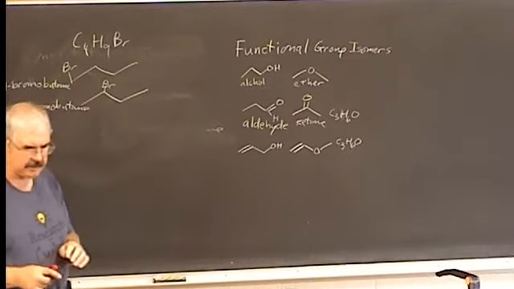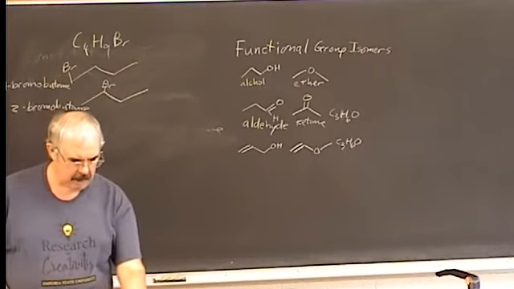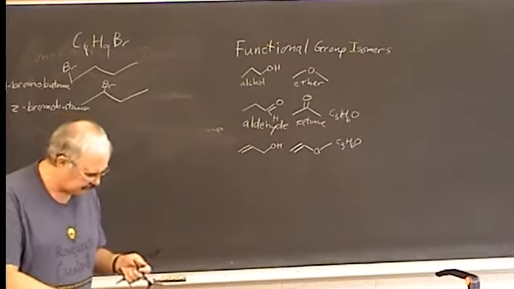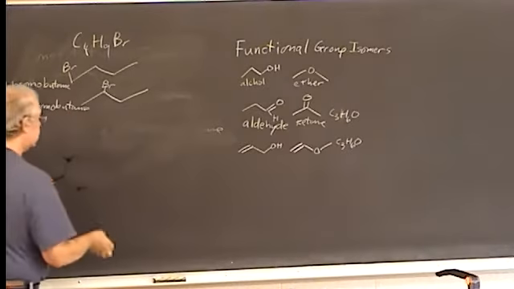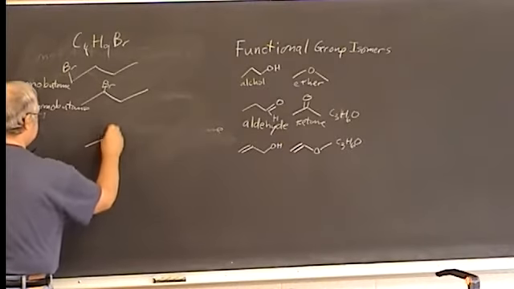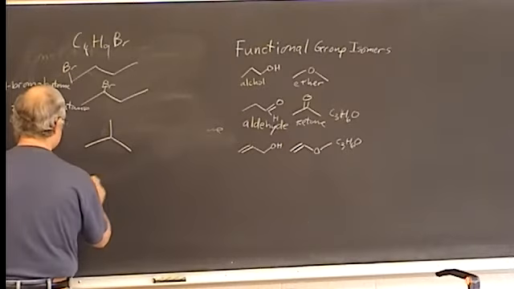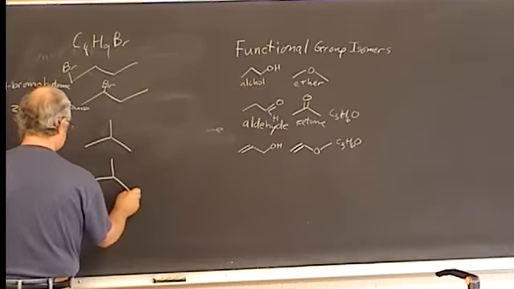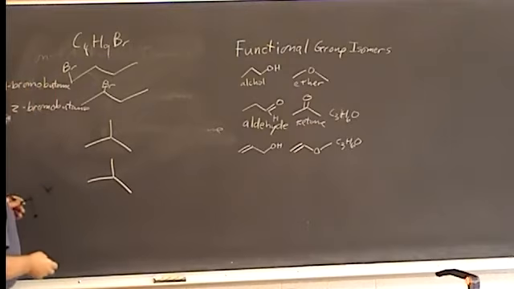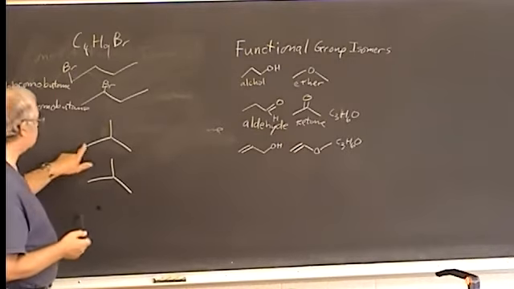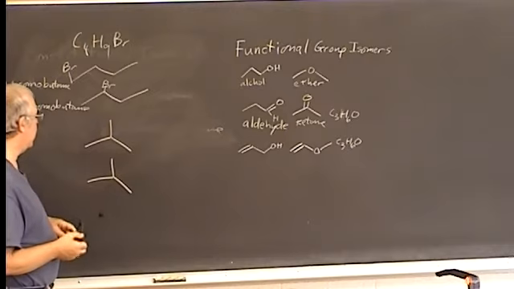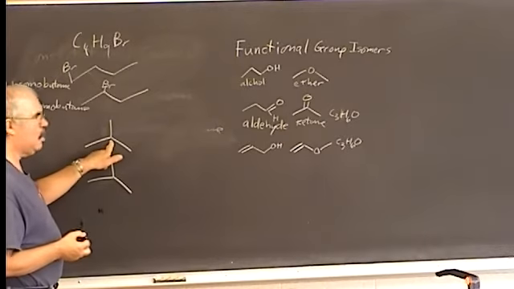Right, the other 2 isomers are based on isobutane. So here is isobutane. And we have 2 sets of hydrogens. We have these 9 primary hydrogens or methyl hydrogens, and then we have 1 here in the middle.